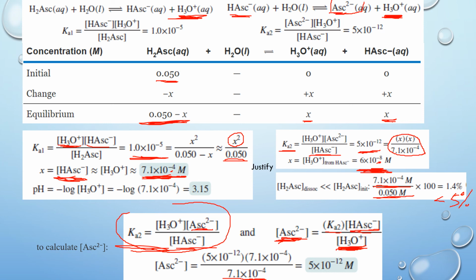The Ka2 value is given, and the concentration of the first conjugate base was calculated in the previous step. So we can calculate the concentration of the second conjugate base. We can see it's a very small number, 5 times 10 to the negative 12 molar, which also justifies our assumption.